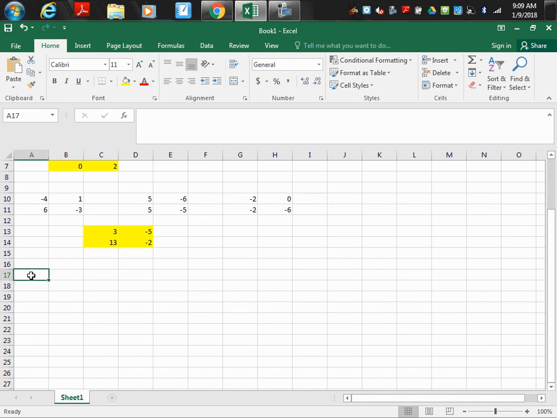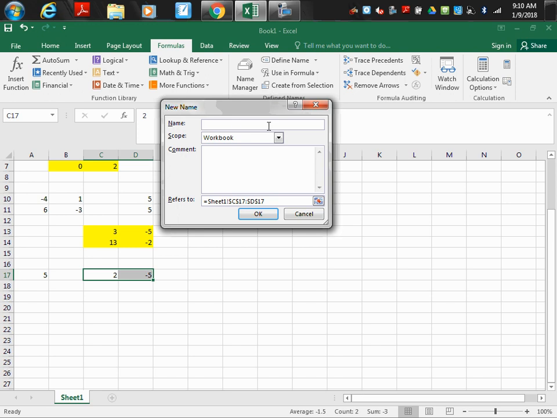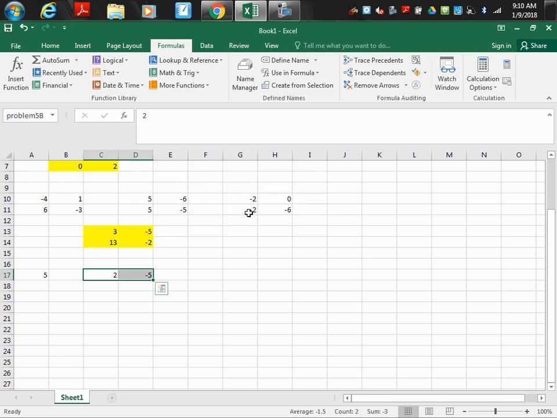All right, so let's look at problem number 5, the second piece. So 5 is on the outside. We have a 2 and negative 5. Formula, define name. So this is problem 5, array B. All right.